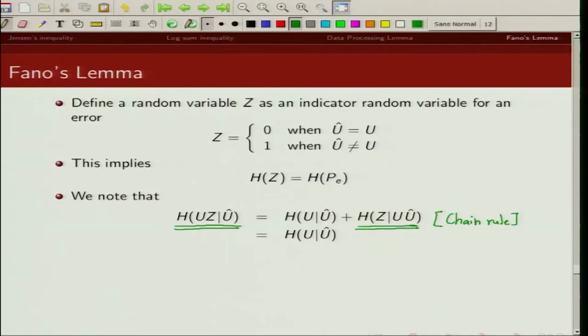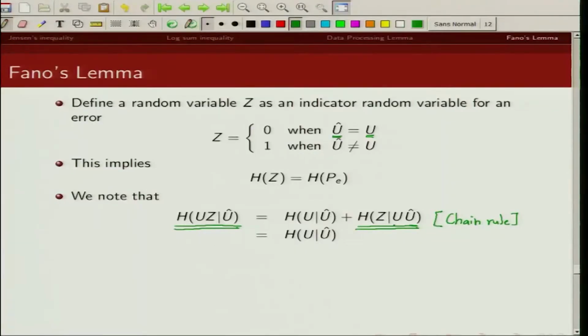Z is an indicator random variable which indicates whether there is an error, and it depends on the values of u and u hat. So if you tell me what u and u hat are, I can easily find out what z is, because if u is the same as u hat, z is 0, and if u is not the same as u hat, then z is 1. So there is no uncertainty in z given u hat. So this term is 0.